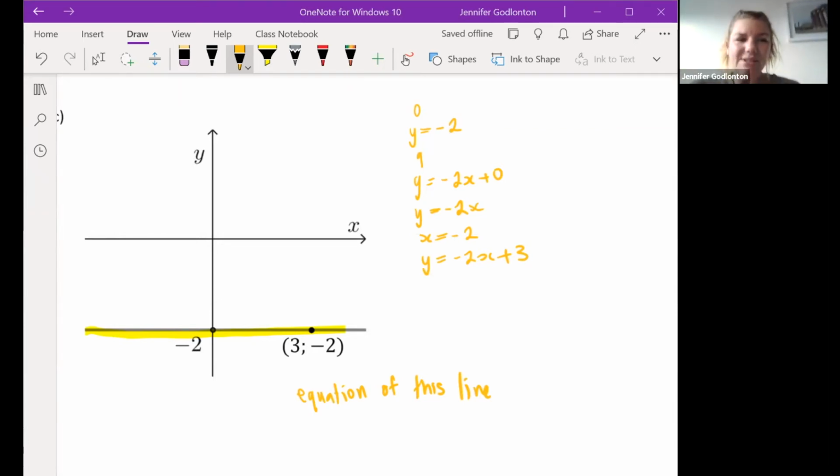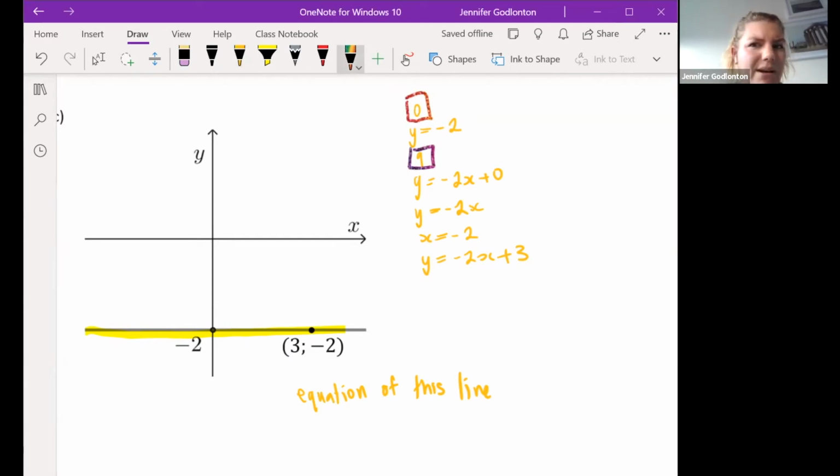Okay, let's look at some of these answers and see which ones would be right and which ones would be wrong. First of all, when we have a graph, we can't ever just have a number like that. So we can't just have 0, 9, -2, -6, because it's not telling us anything. When we have an equation, remember the word equation means that we're going to have an equal sign.